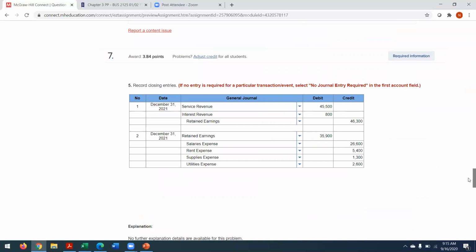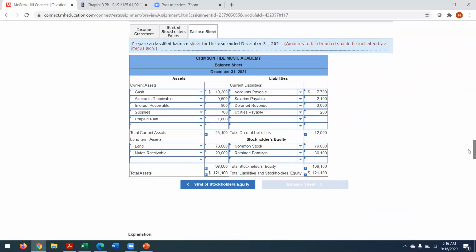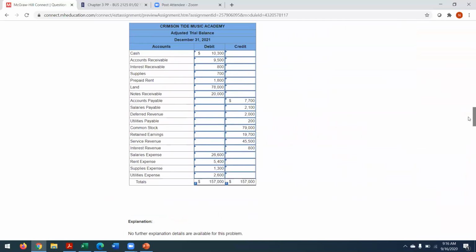Then the next journal entry we will do, we will take our expenses. We will credit these expenses because the normal balance is a debit. So we will debit our retained earnings for the total. We will credit our salaries expense for $26,600.